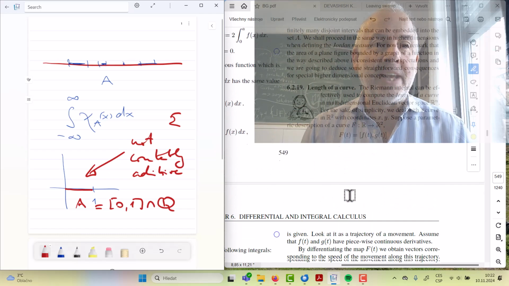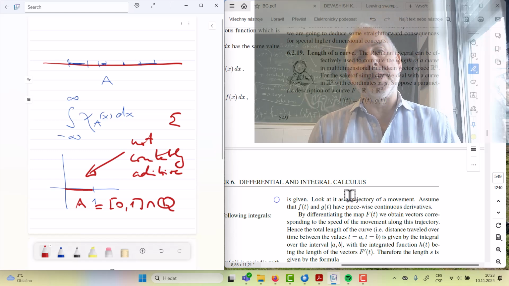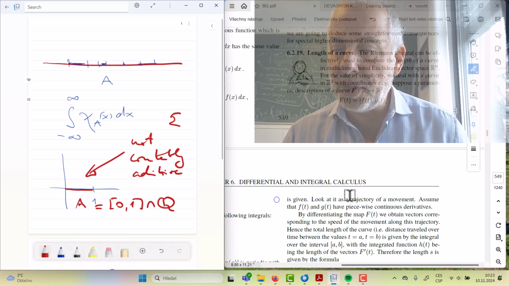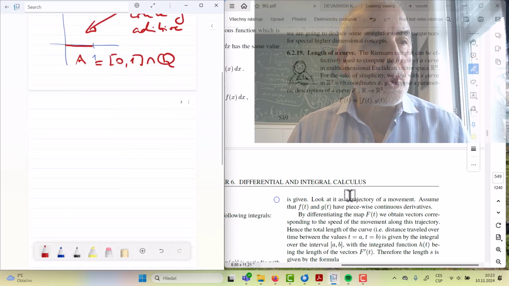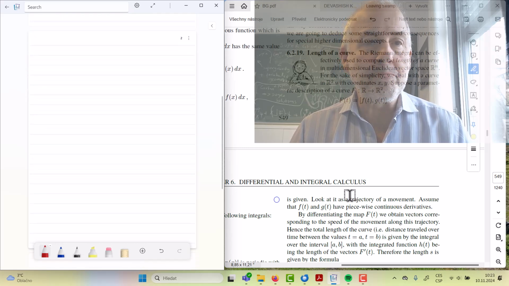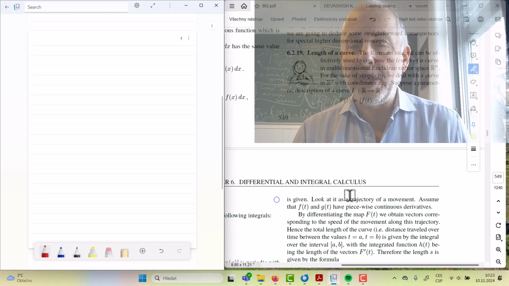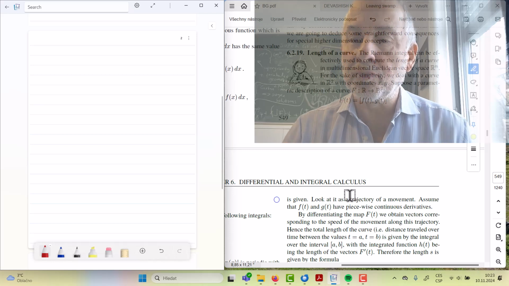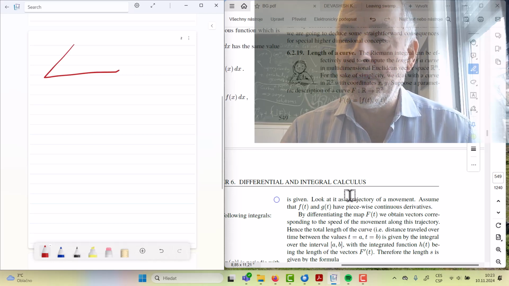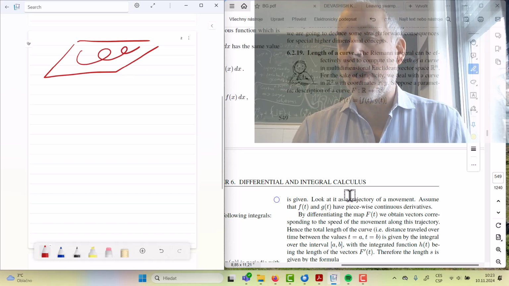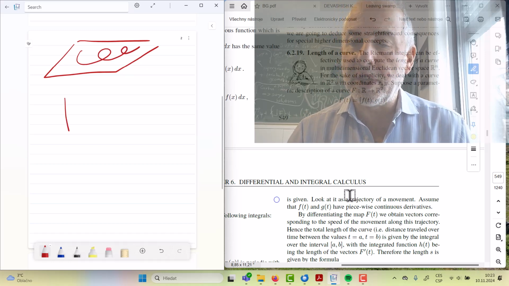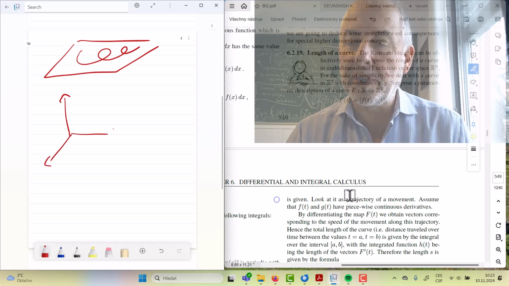But what about lengths in a more general setup? Of course we would like to see that we can also measure things in higher dimensions. So for example, if we have a plane, we can have a curve there. So how long is the curve? Or we can have a three-dimensional thing and we shall have a curve there.